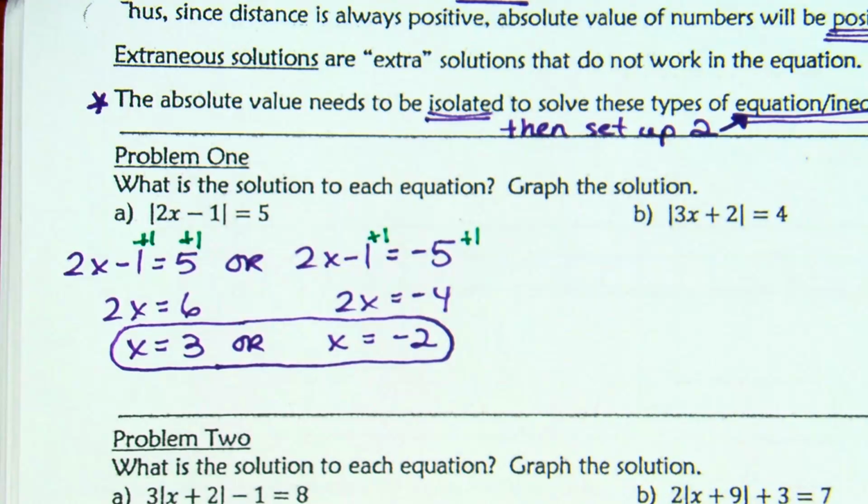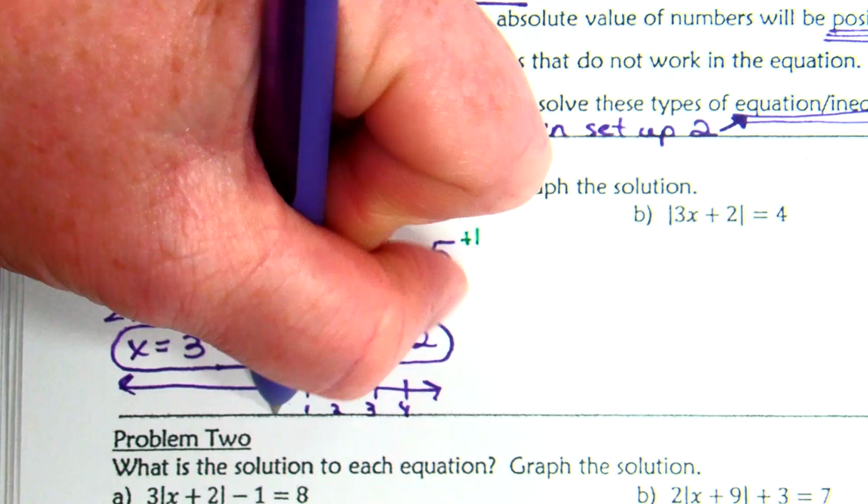That's exactly what we need to say. It's x equals 3. Where does x equal 3 on a graph? Okay, I just set up a number line from negative 3 to positive 4.